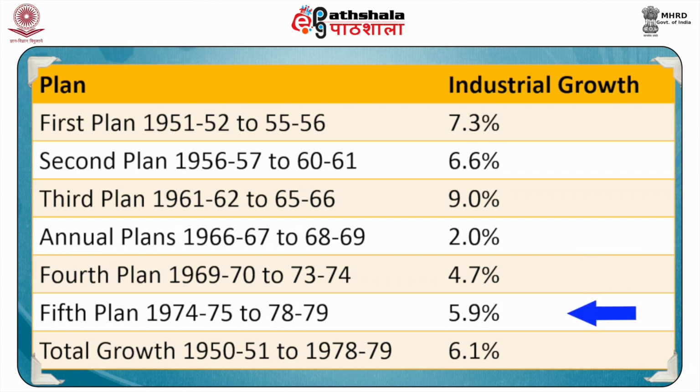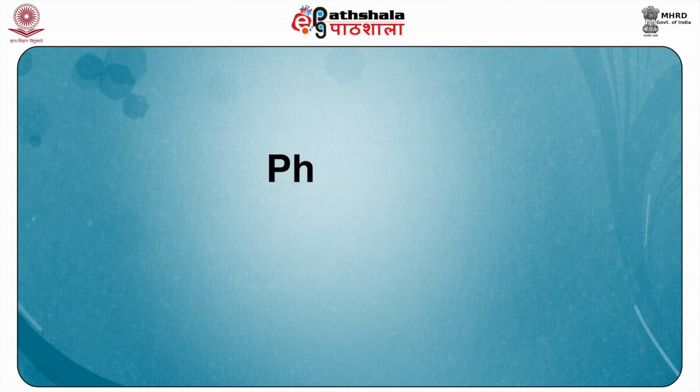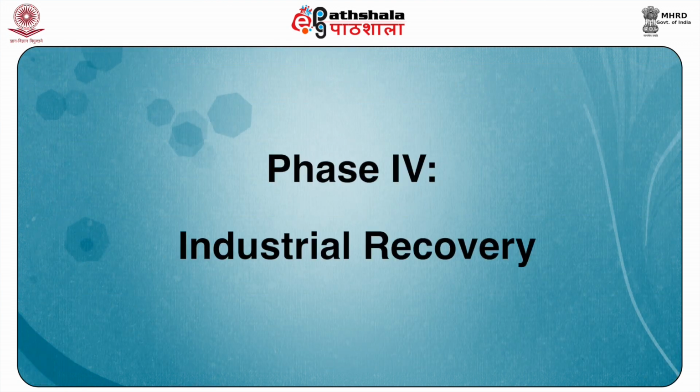Fifth plan, ranging from 1974-75 to 1978-79, the industrial growth was 5.9%. Hence, the total growth from 1950-51 to 1978-79 was 6.1%. Let us now study phase 4, the phase of industrial recovery.